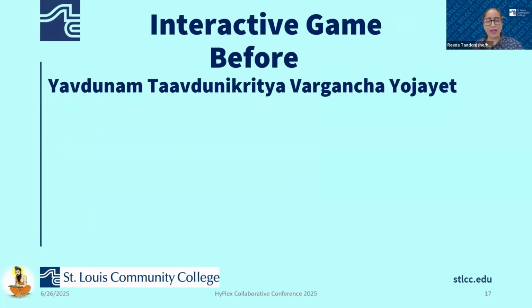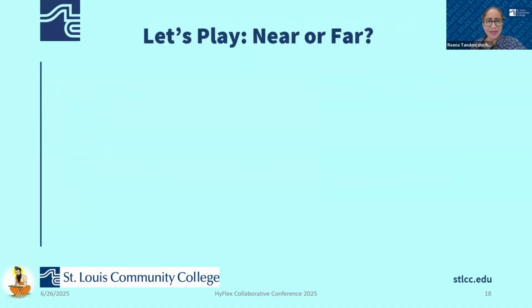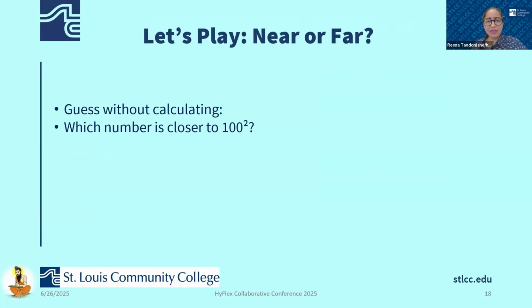Now I just want to introduce another interactive game for the Yavadunam. Yavadunam is another sutra, which is also a squaring shortcut warm-up game. Can you see, without a calculator we are doing this? These are the numbers in front of you.